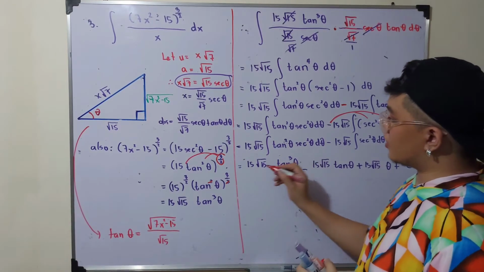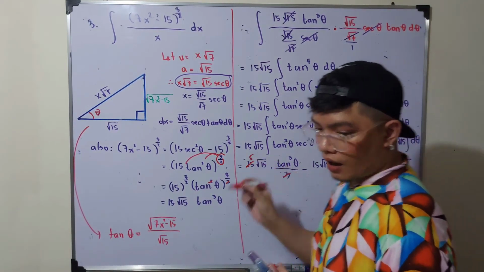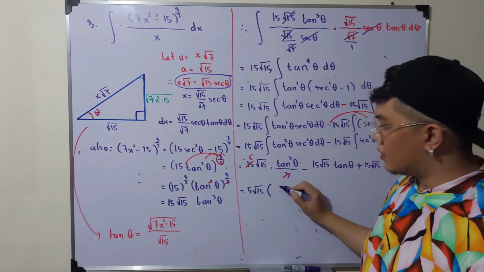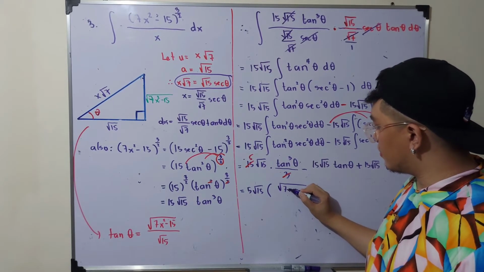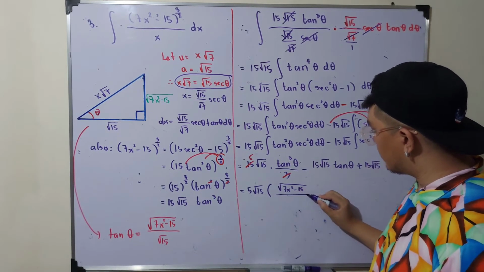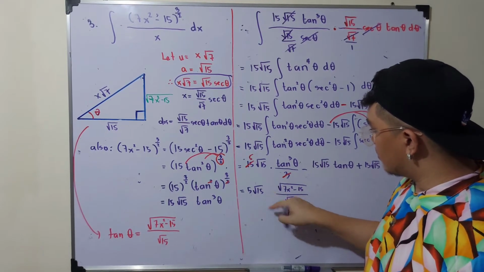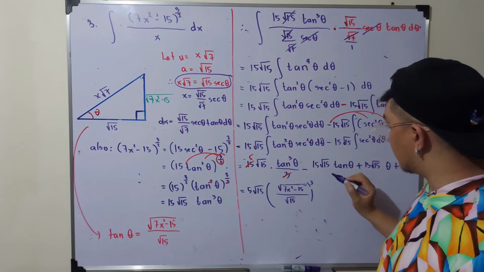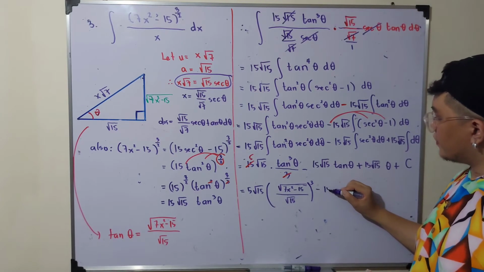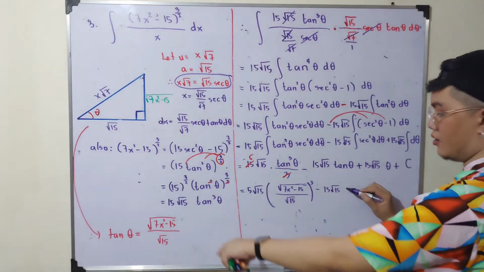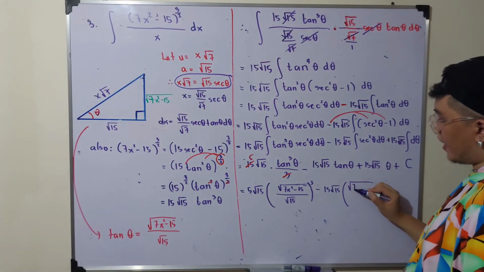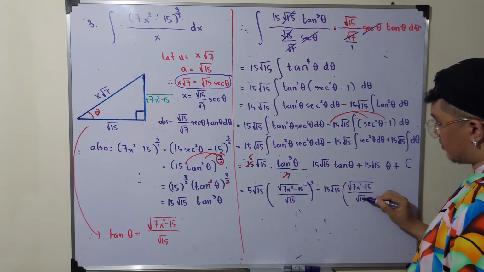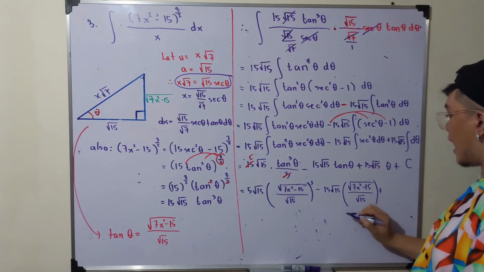Okay. Mag-cancel to. 5 na lang. Okay. We have here 5 square root of 15. Tapos, we have, ito. And then, minus 15 square root of 15 times, ayan, yung value ng tangent. Tapos yung value naman ng theta.